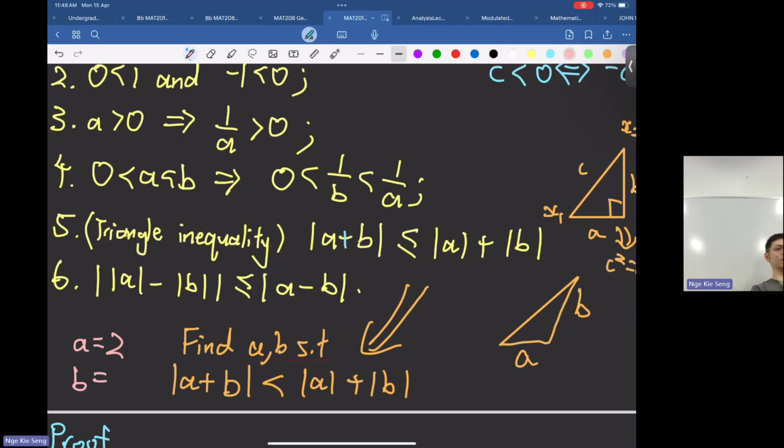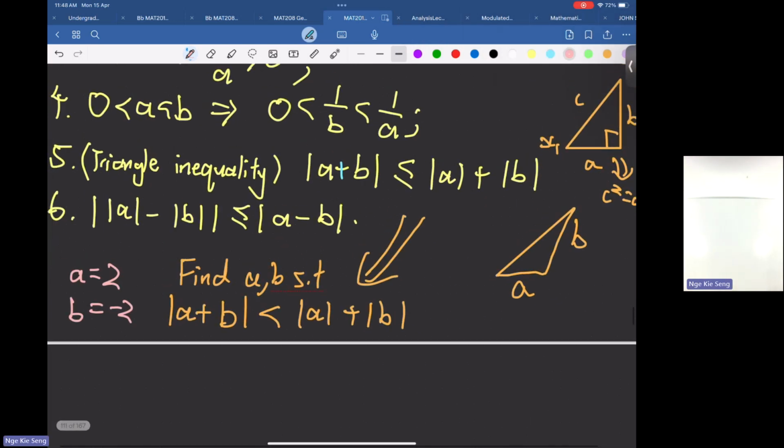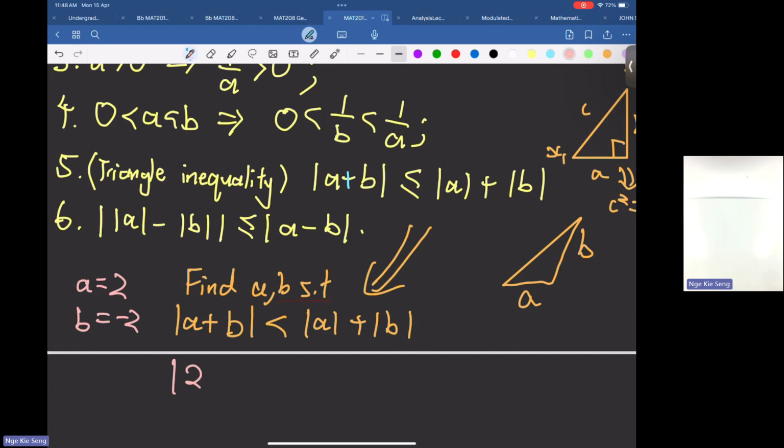Can you pick one for B such that this is true? -2. Okay, good. So let us try this example. On one side you have 2 plus -2. What do you get? 0. The modulus of 0, you still get 0.